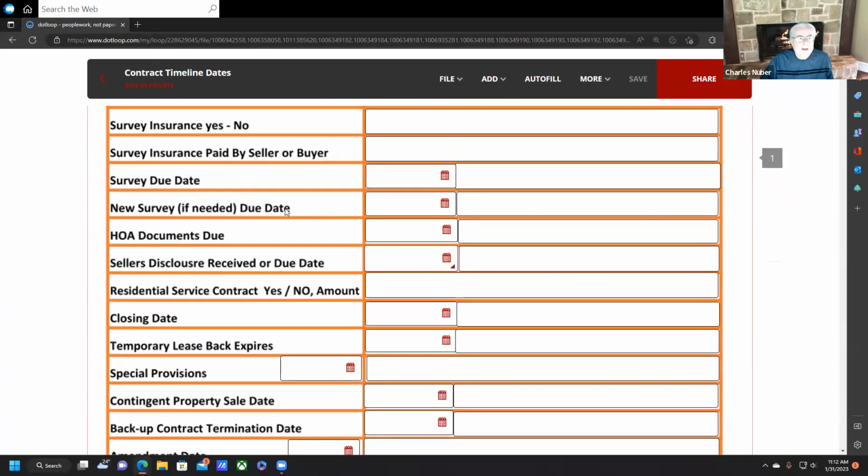So on my recommendation, I would put these dates in here and have this sheet as part of the file. And then I would also add those dates to your calendar as a reminder. Okay. And if you're going to have an extension of the option period or a termination prior to the option expiring, don't do it at 4:54 in the afternoon.